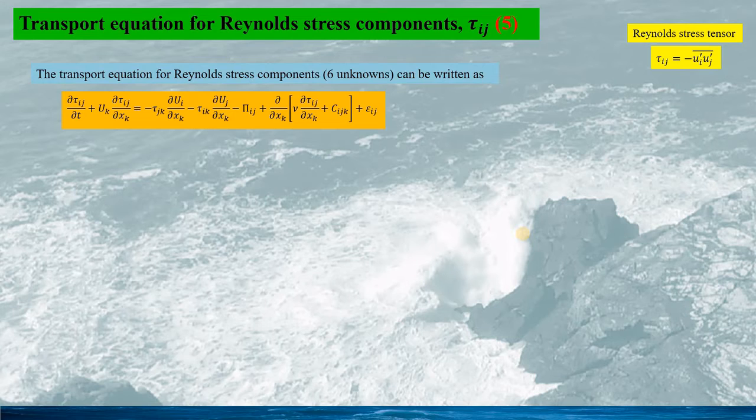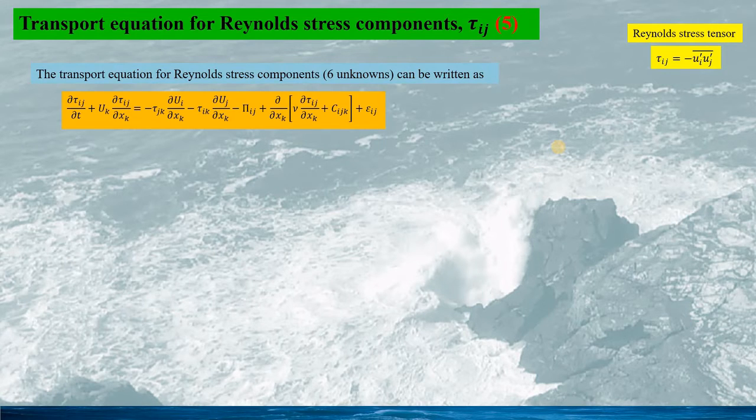The transport equation for the Reynolds tensor is an equation we derived for solving the Reynolds tensor. The Reynolds tensor is a symmetric tensor, thus it has 6 unknowns.